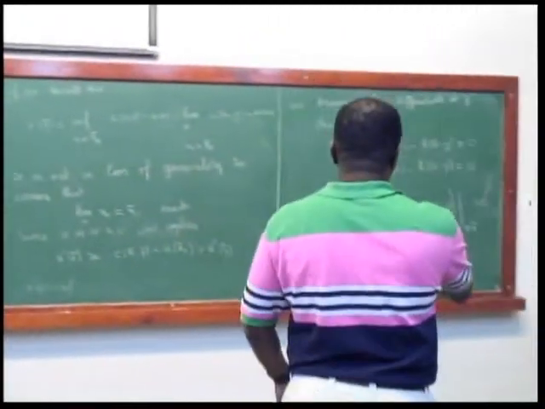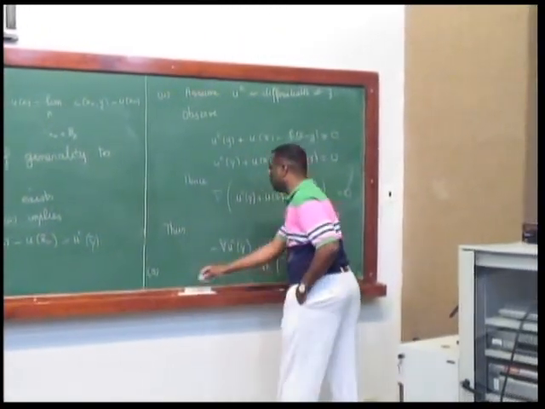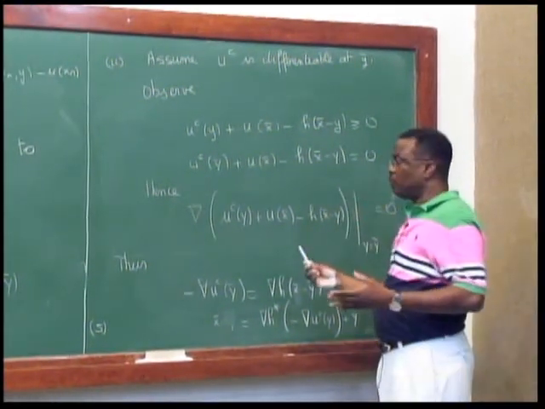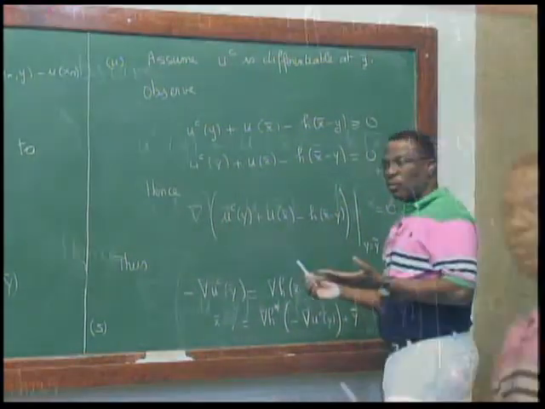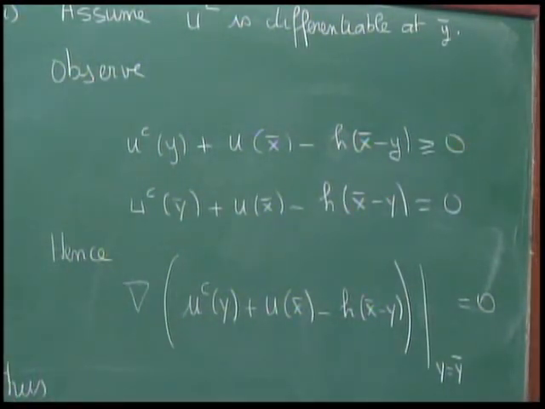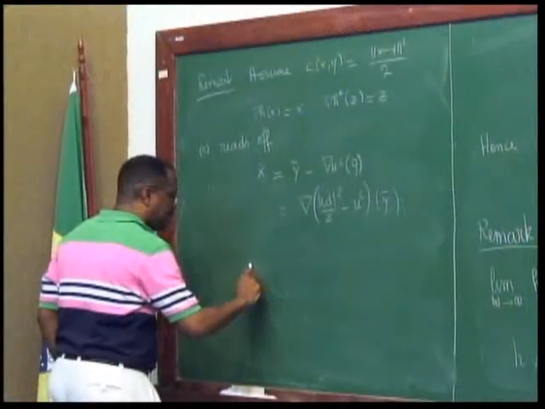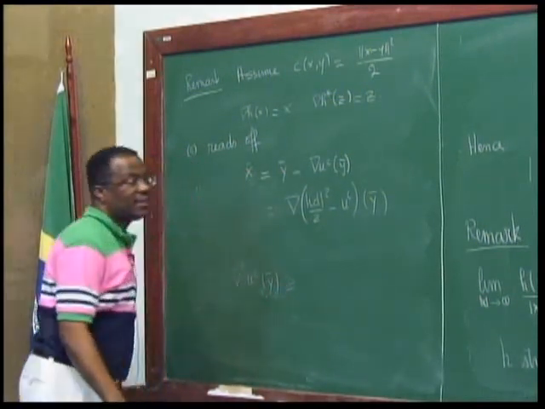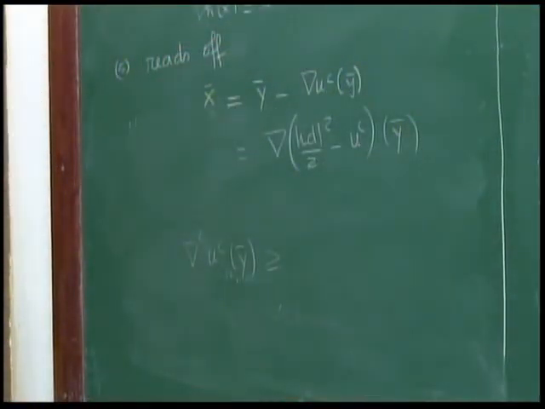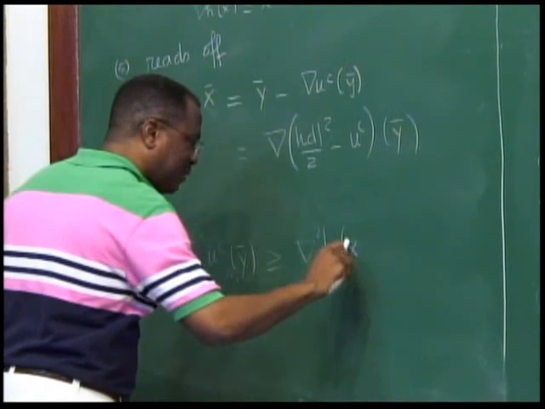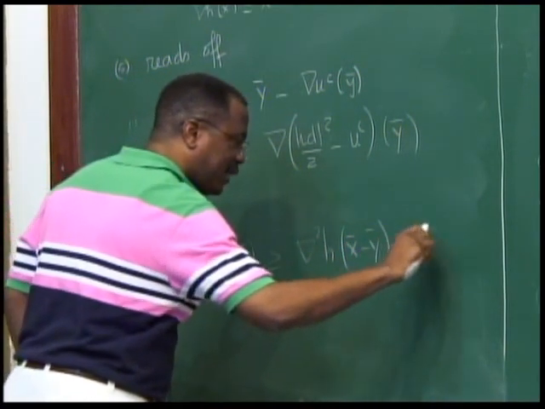Now, the minimum is attained at a certain point. When you attain the minimum at a certain point, the second derivative must be non-negative. So if I write the fact that the second derivative is non-negative, I'll have the gradient second of UC of y bar is greater than or equal to the gradient 2 h at s bar minus y bar, but this is the identity.